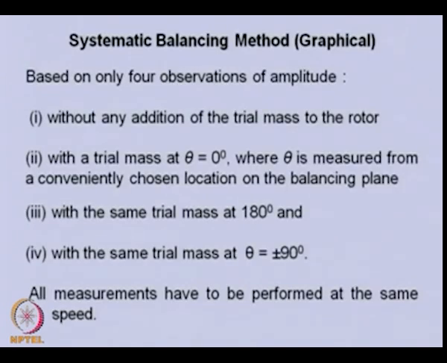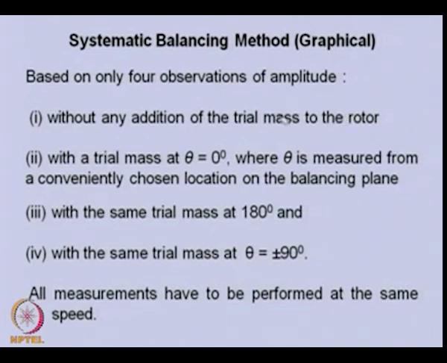Now, the same cradle balancing machine, but we will be using a more systematic balancing procedure. After measurement, through the graphical method we can obtain the residual unbalance in one particular plane. In this, we require only 4 observations of amplitude of vibration. First, without any addition of the trial mass, we will rotate the rotor at a particular constant speed and measure the amplitude of vibration.